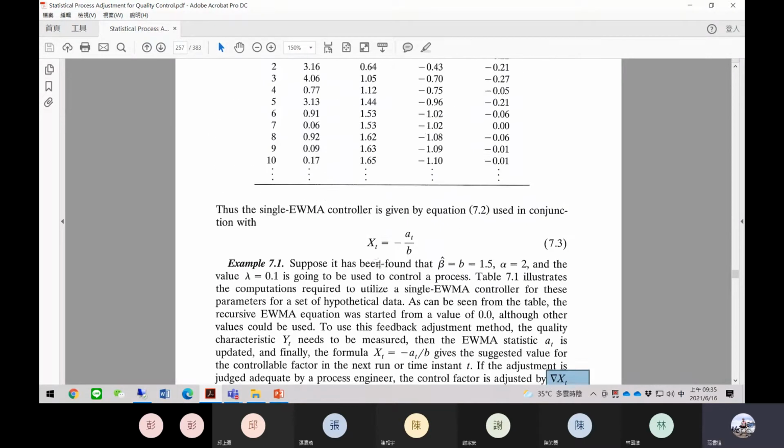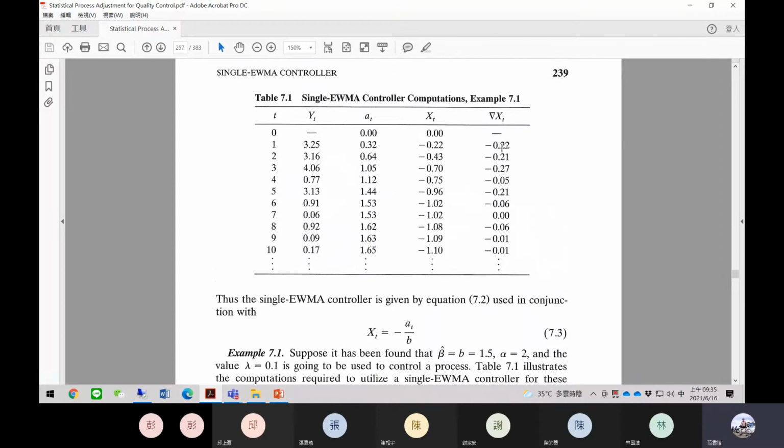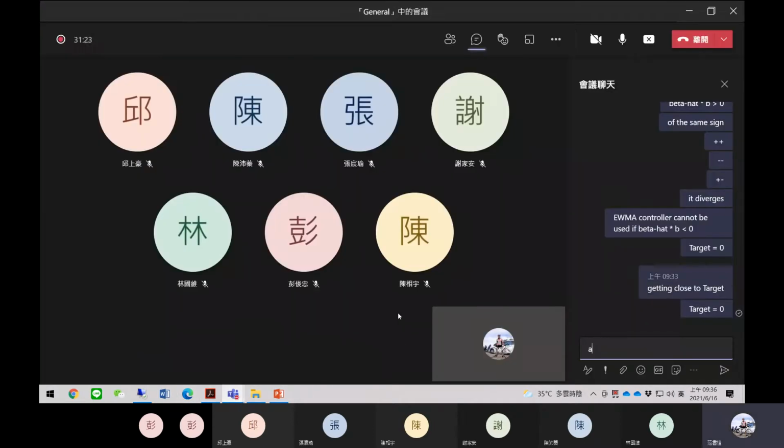That means we reduce a little bit, reduce a little bit. So you can see that in order to achieve the target, we only apply a very mild adjustment on the input, not the output, I'm sorry.